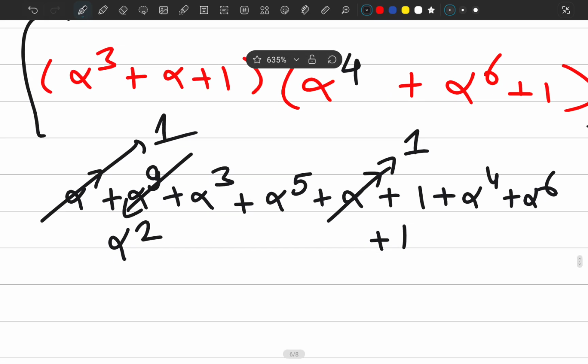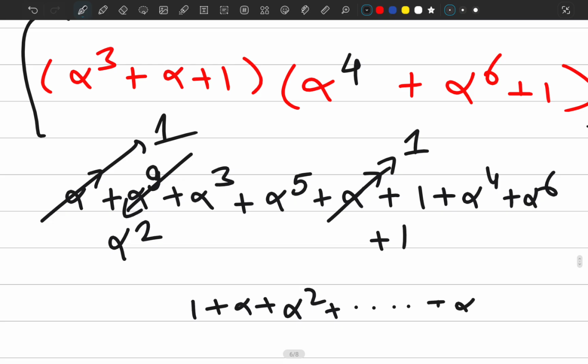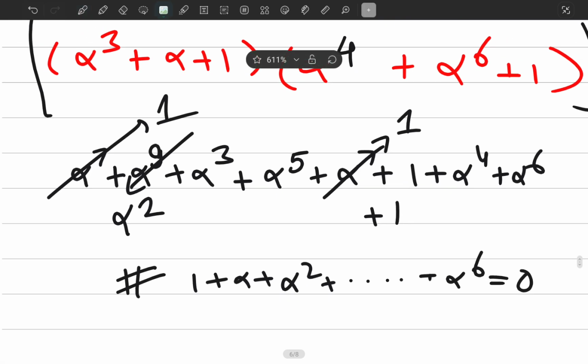Okay, also 1 plus alpha squared plus, well, alpha 6, it would be 0 property it is, right? So we can check alpha 1 is present, alpha is also present here.